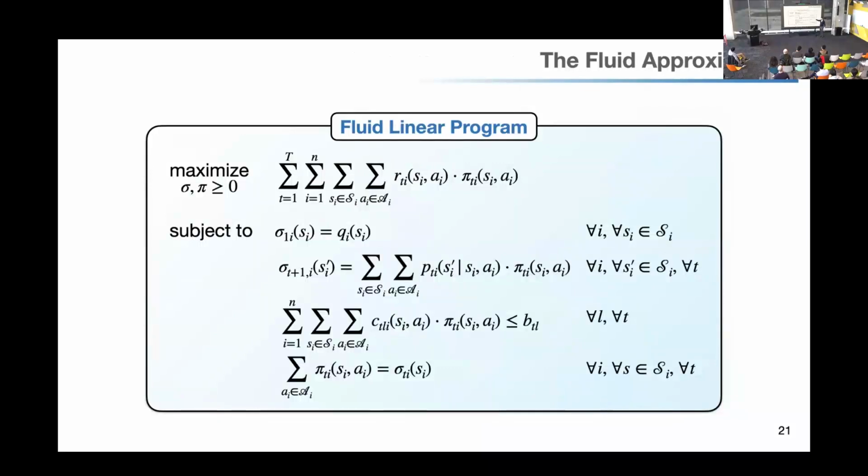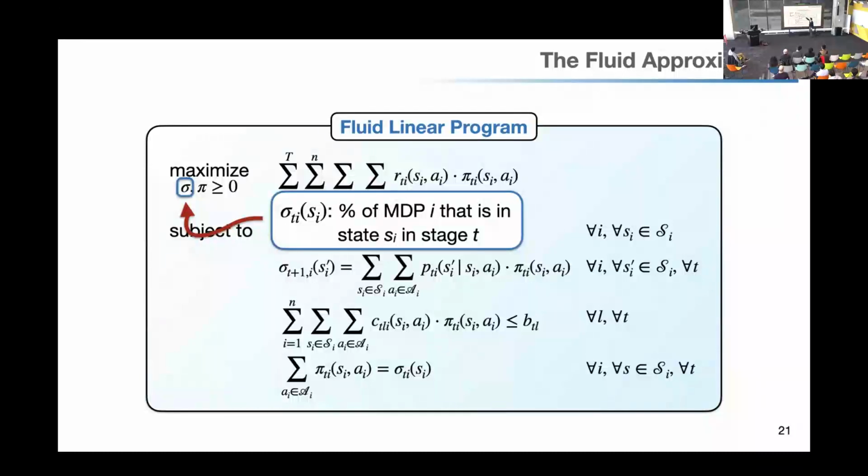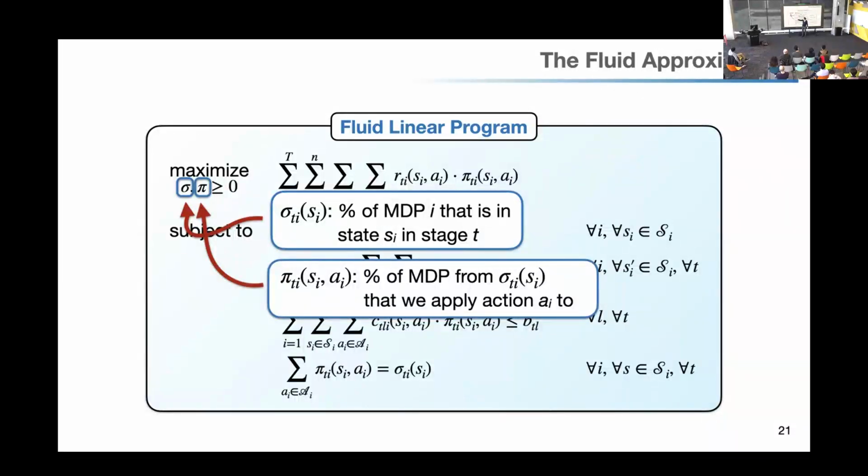If we do so, it turns out that the solution to this relaxed MDP becomes equivalent to the solution of a linear program. I won't go through the details here of this linear program, but basically it has two sets of decision variables: sigma, which roughly records the states, and pi, which records our policy. In particular, sigma_ti(si) records in week t for patient i what percentage of that patient is in state si. And likewise, the policy records for week t and patient i what percentage of the patient is in state si and we apply action ai to.